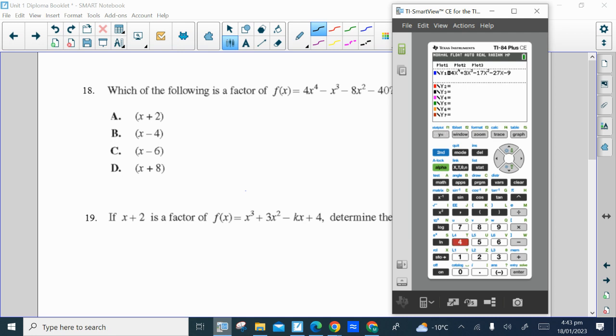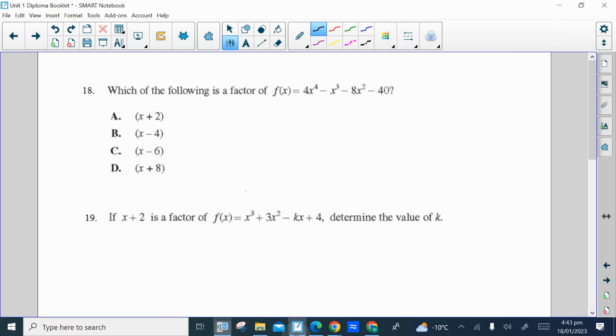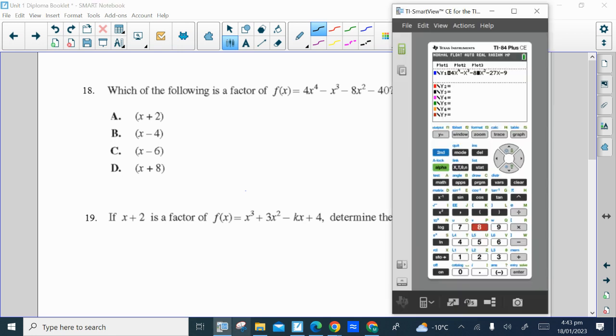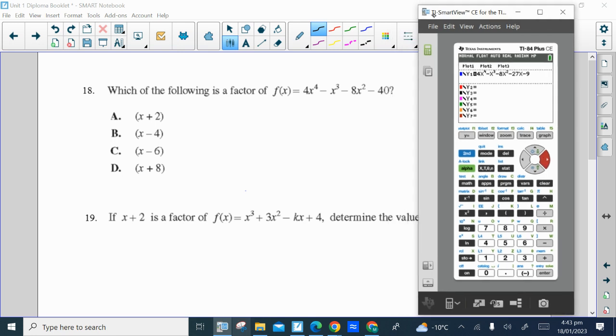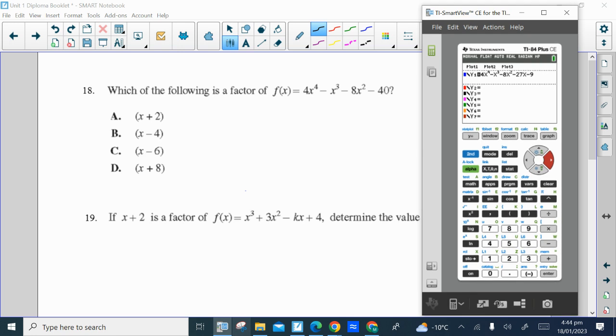So I've got 4x to the 4th minus x cubed minus 8x squared minus 40. So no x term here. It's just minus 40.